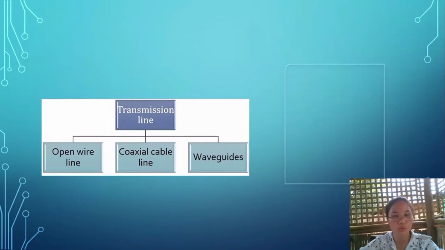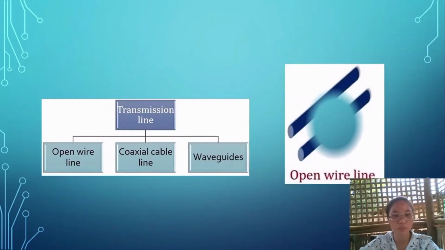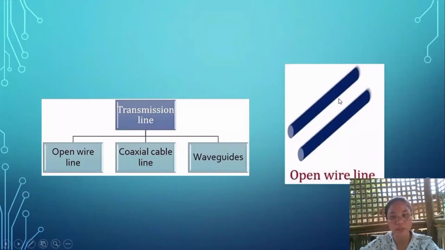Open wire transmission lines are conductors having two lines or two wires, separated by a dielectric medium, where one is connected to the source while the other is connected to the destination. These are the lowest cost and simplest form of transmission line.